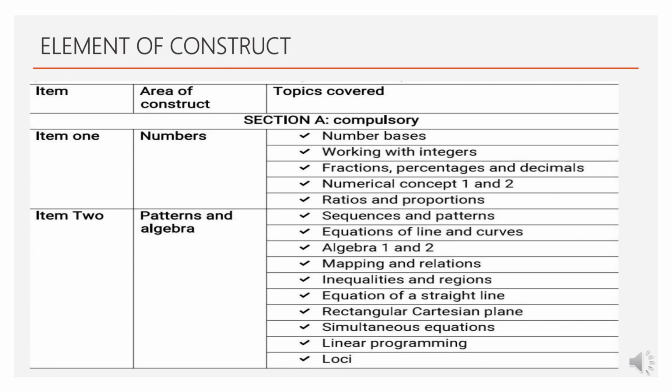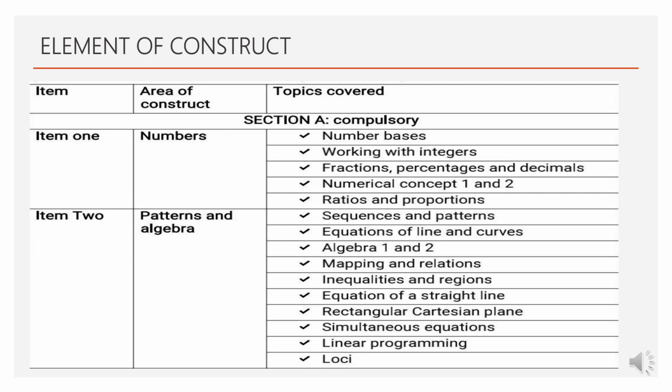Let's now slide to the next chapter, and that is element of construct. This will talk about the item, the area of construct, or the theme, and the topics covered. Now, item number 1 contains a scenario coming from the theme called numbers.